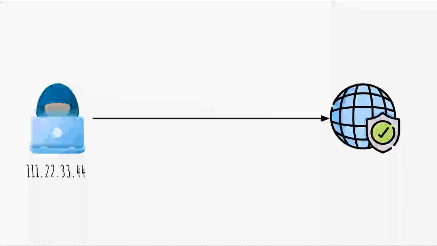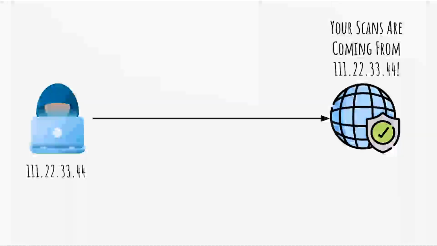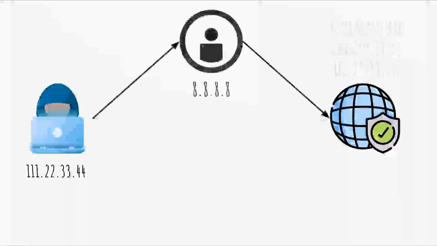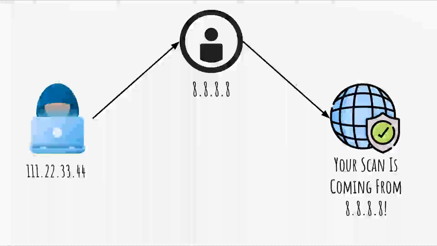The target would then know where these scans are coming from. But if we, for example, use something like a proxy, then our scans are not directly going to the target. Therefore, the target itself will think that our scans are coming from a different IP address, which will be an IP of our proxy or of our middle source.